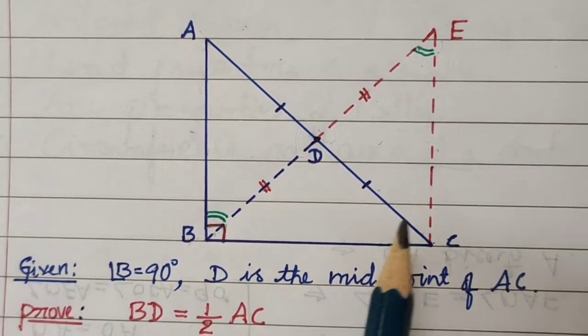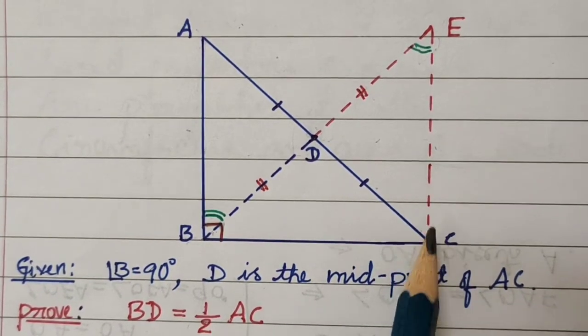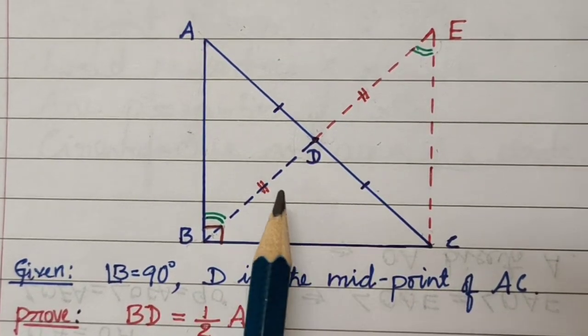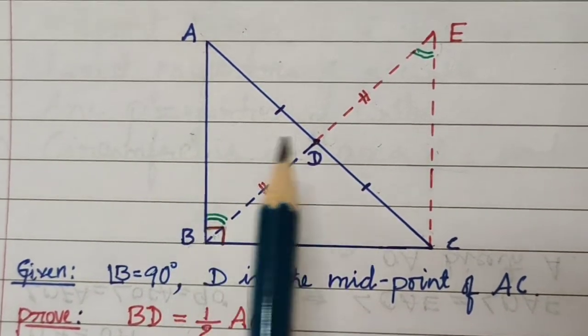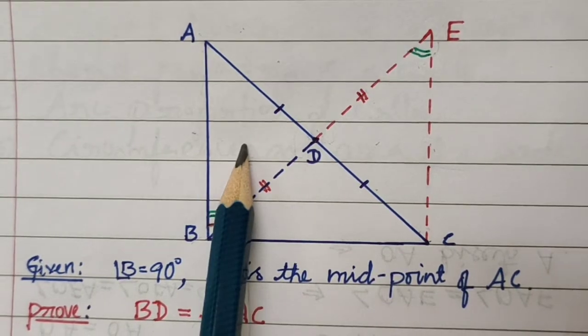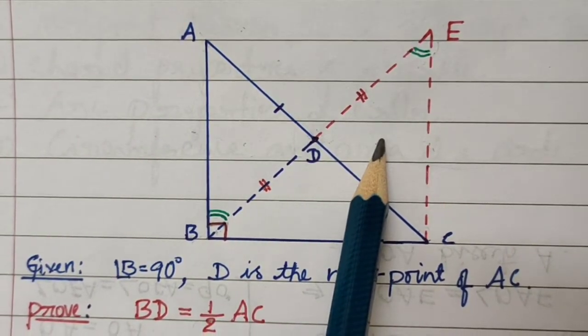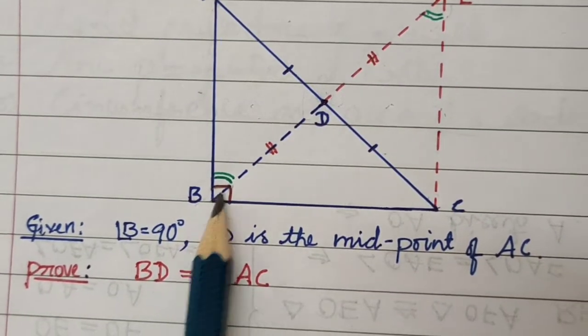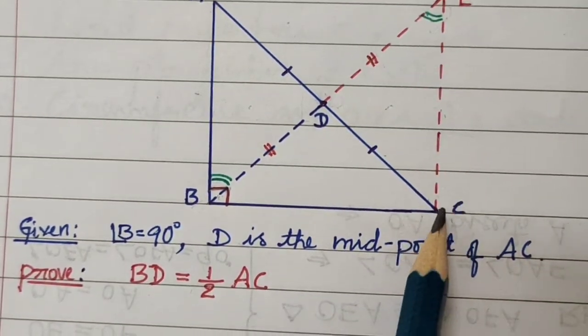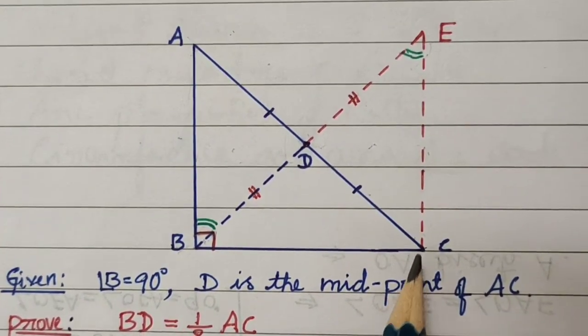When this is 90, 180 minus 90 is 90. So ECB is 90 degrees. So we proved AB is parallel to EC, and ECB is equal to 90 degrees.